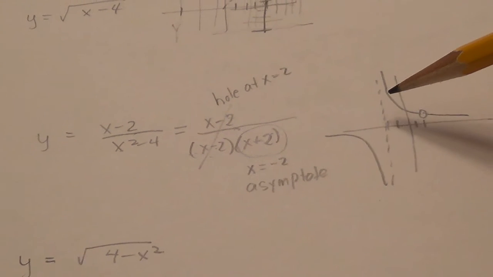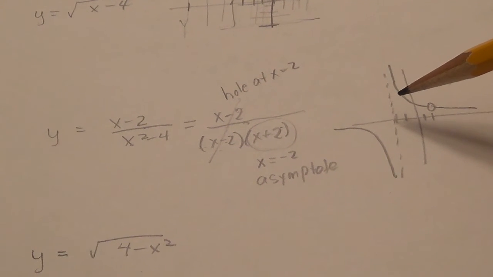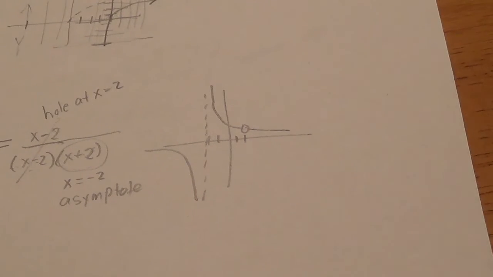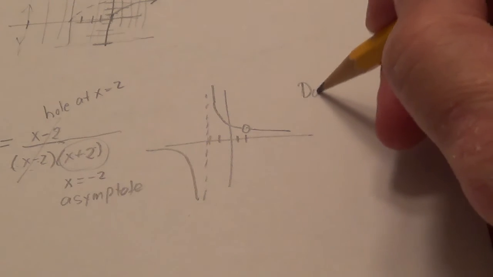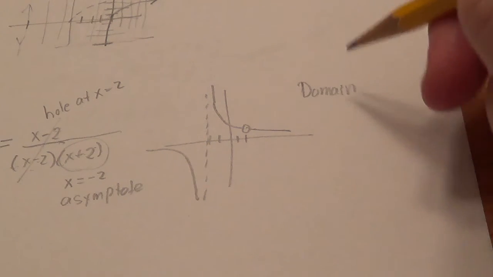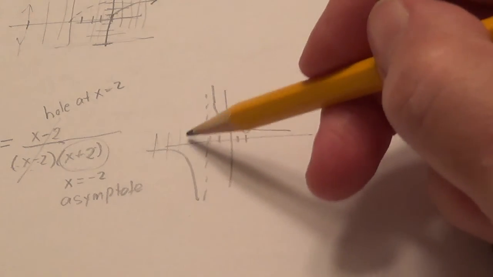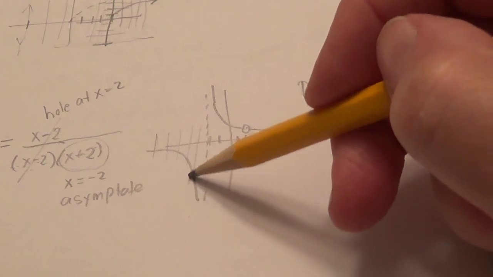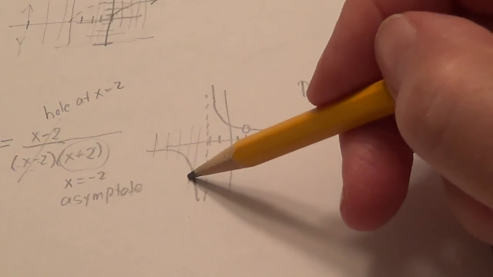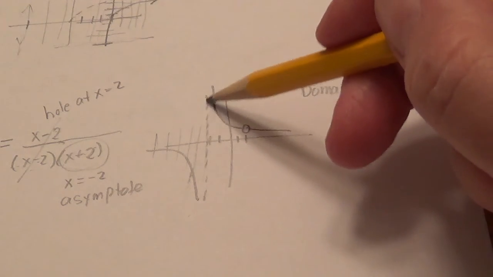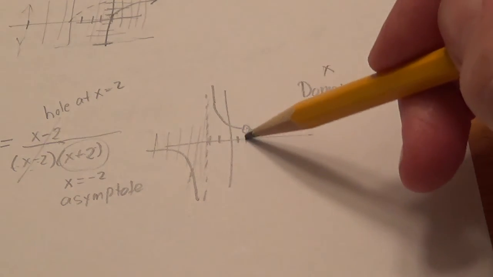But looking at this graph, can you tell me what is the domain and what is the range? The domain, again, is all values for x. So looking at these values for x, I see that they do connect to the graph. If I go up or down, I will hit the graph, except right here and right here where the hole is.